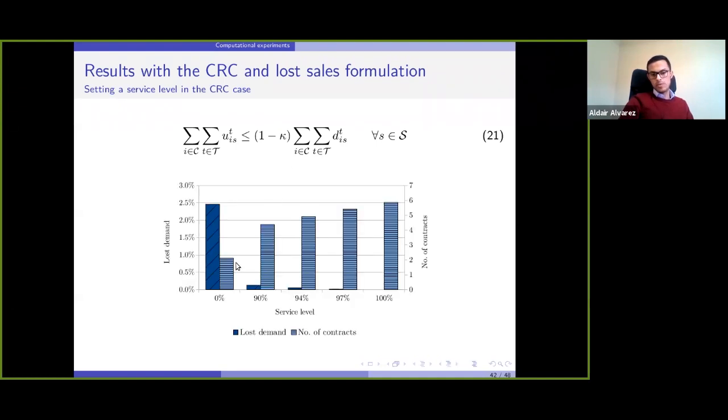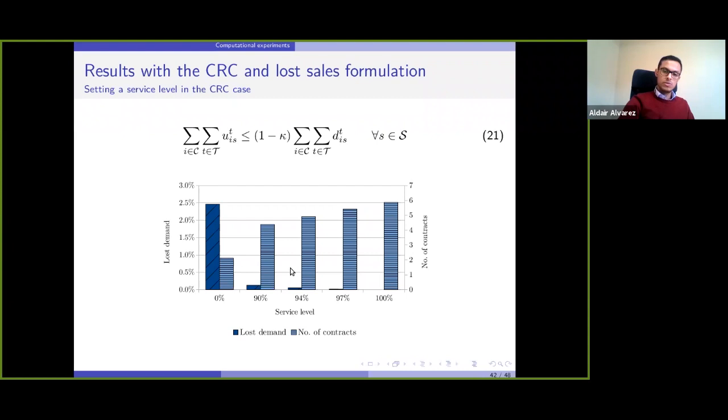So what we observe here is that as we increase the service level, this kappa value, as expected, of course, the average lost sales of the solutions go down, and the number of contracts goes up because you need to contract more to satisfy that service level.